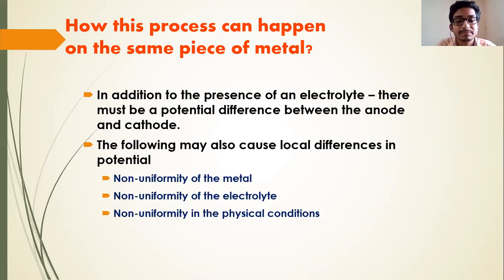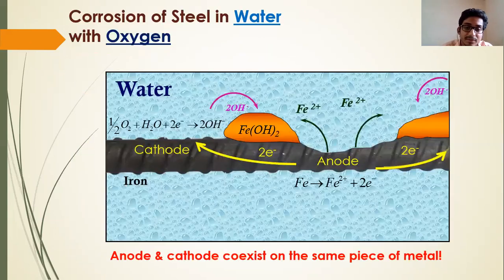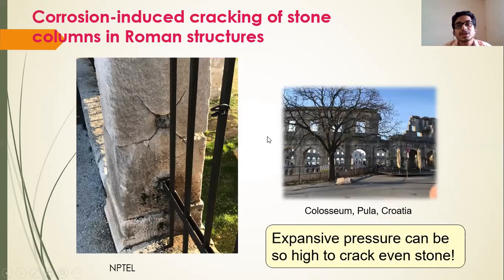Now here is a picture from the Colosseum, Croatia. Here we can see how dangerous corrosion may be. Whenever corrosion happens, it expands, as you saw in this reaction a couple of slides earlier. The accumulation of rust may expand the volume of the bar, which will exert outward pressure and make the concrete form cracks.